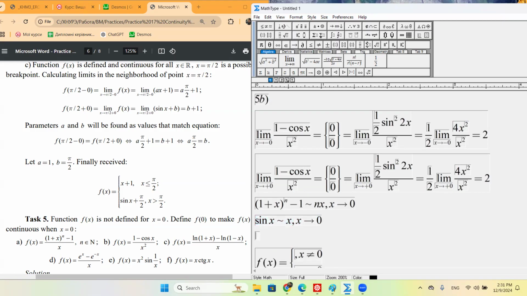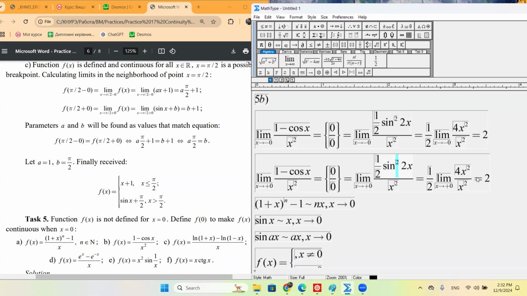For other values, ax will be equivalent to ax when x approaches 0. So have I answered your question? Yes. So sine of 2x is equivalent to 2x, but here we have power of 2, so don't forget about it.